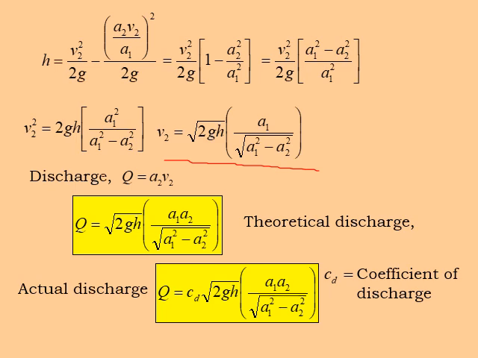Actually the value of this coefficient of discharge is less than 1, almost 0.98. So this is the derivation in venturimeter to get the expression for discharge. That means if you know the value of H and the area at two different sections, section 1 and section 2, then easily we can find the rate of flow through the pipe.